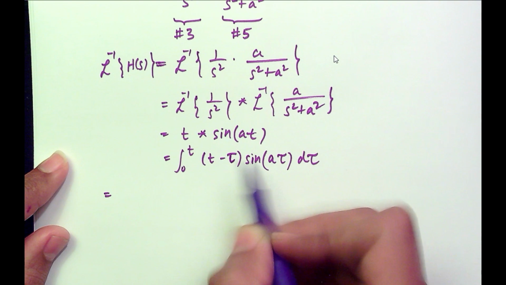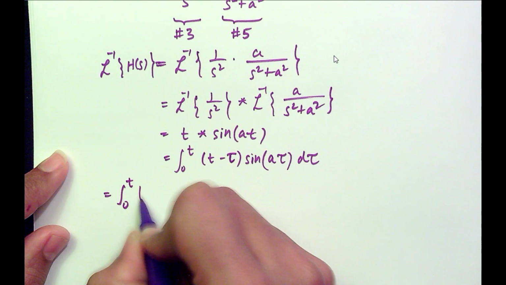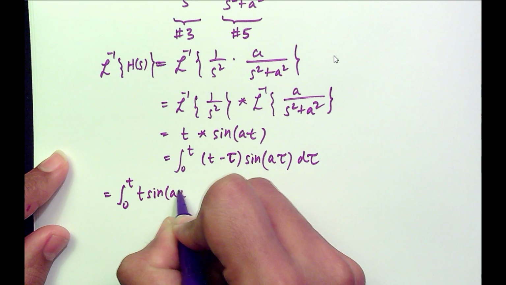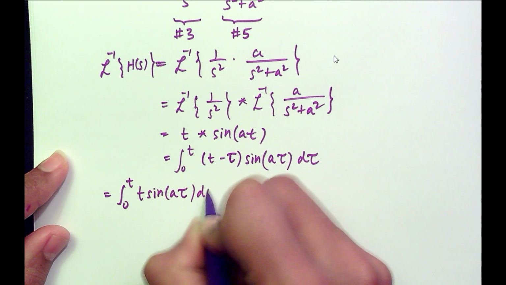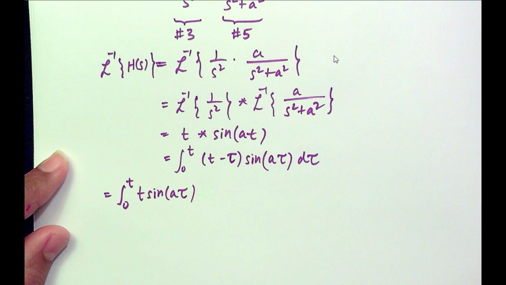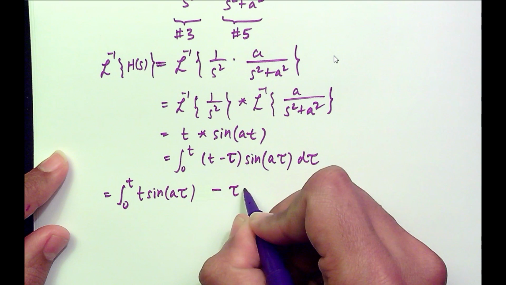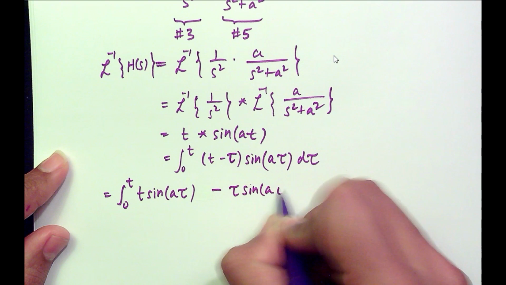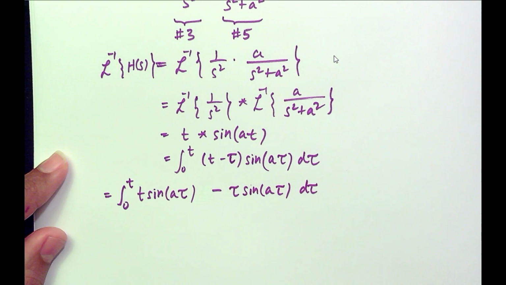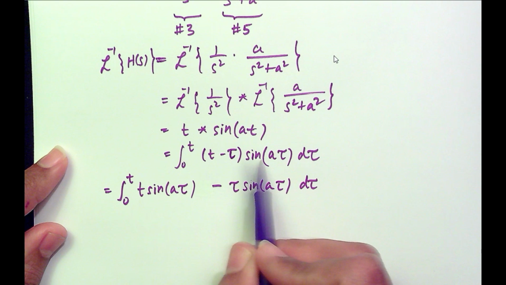So this is going to be the integral from 0 to t of t sine of a tau minus tau sine of a tau d tau. Just distributing that, this times this minus that times that, you get this.